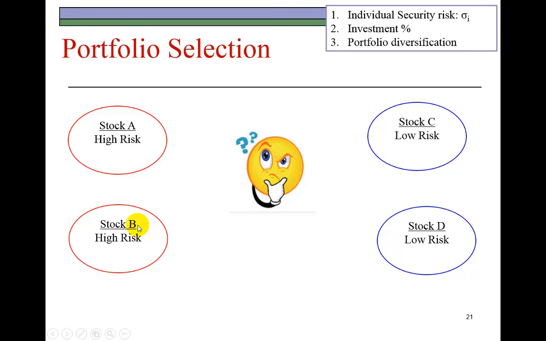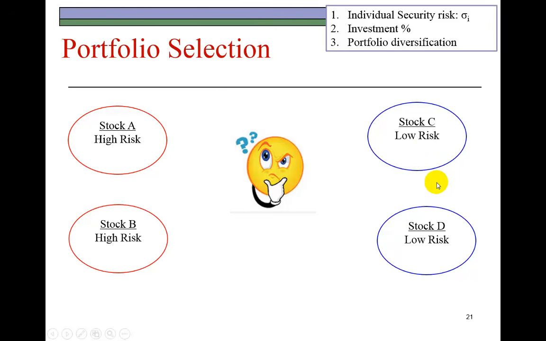So surely, if you tilt your investments toward securities with very high risk, your overall portfolio risk exposure would also be very high. If, on the other hand, you settle on these 2 securities out here, C and D, now because these 2 securities are low-risk investments, surely, other factors held constant, your overall portfolio risk exposure would also be low.